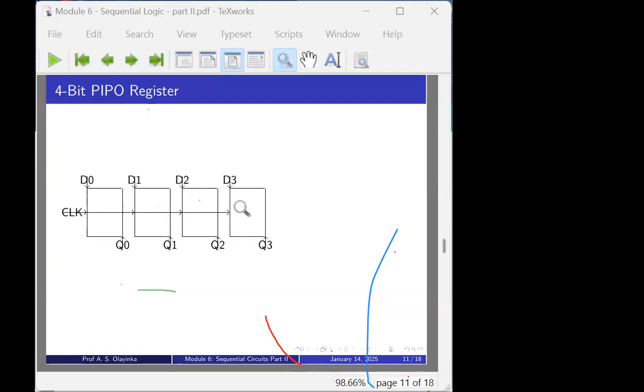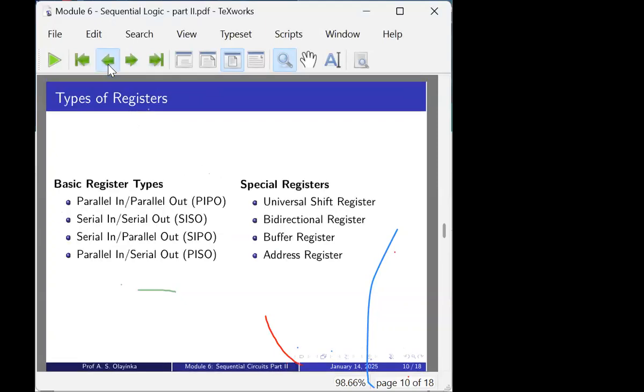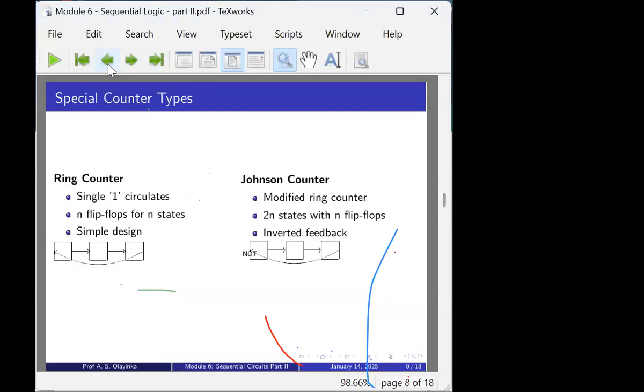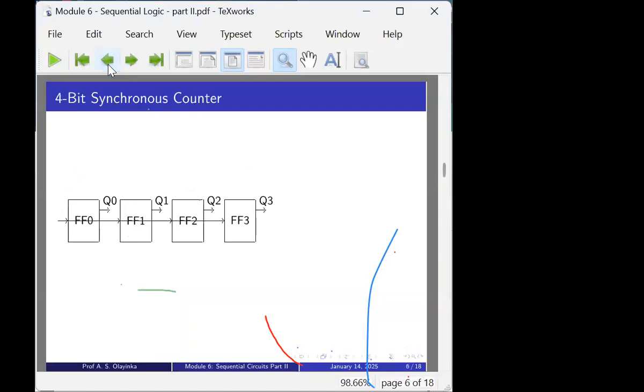So this clock, let me go back so that you will see where I mentioned that briefly. Synchronous. Did you see? Synchronous. What type of arrangement is this? Synchronous counter.